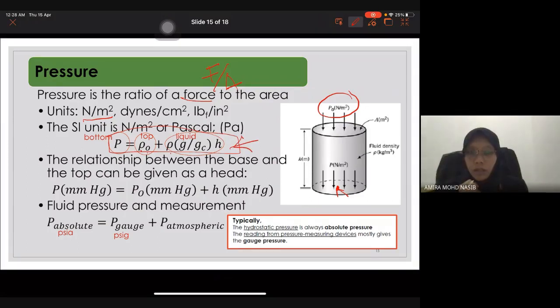Alright, and then the relationship between the base and the top can be given as a head. It's the same thing, he gives you another type of equation: pressure P naught in millimeters mercury plus h. h is height, okay, height of the tank.